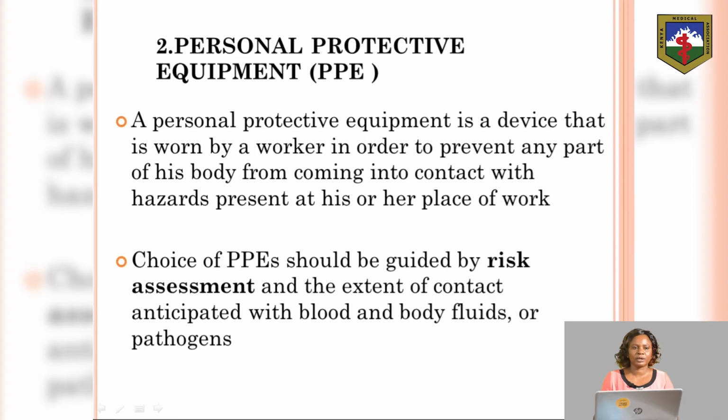The second precaution I will talk about is personal protective equipment. These are devices worn by healthcare workers to prevent themselves from coming into contact with body fluid or pathogens prevailing at the workplace. The choice of personal protective equipment should be guided by risk assessment and the extent of contact anticipated with body fluid or even pathogens.